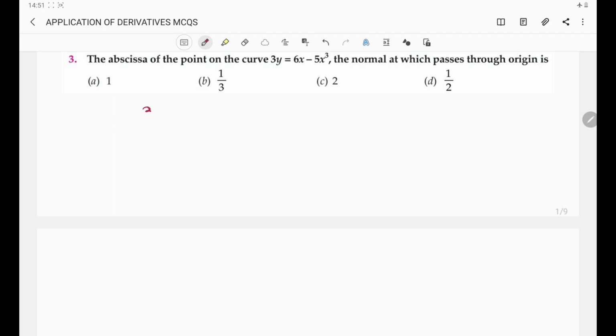3 into the derivative of y, which is dy by dx, is equal to derivative of 6x, which is 6, minus derivative of 5x cube, which is 15x square. On dividing by 3, dy by dx is equal to 2 minus 5x square.